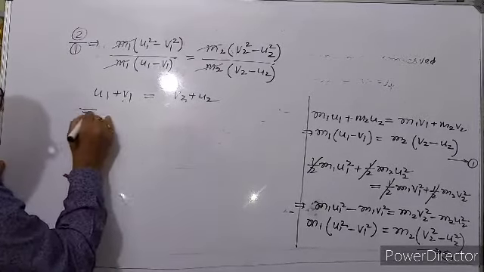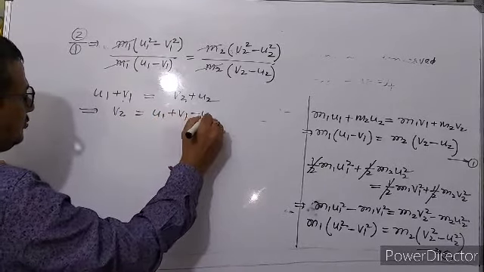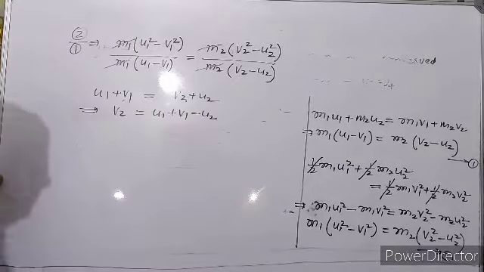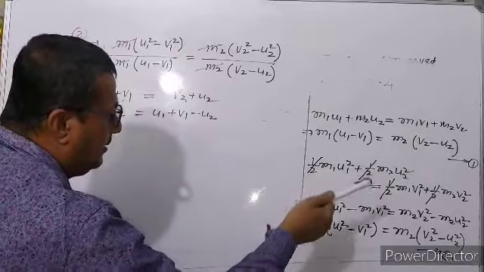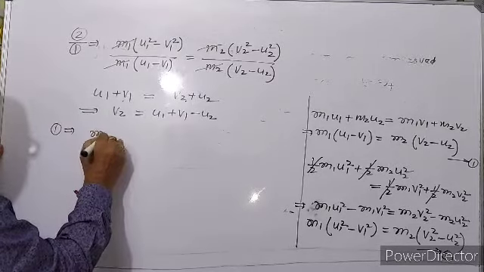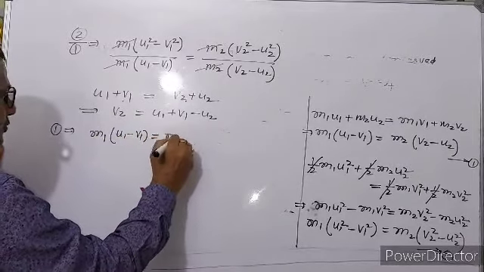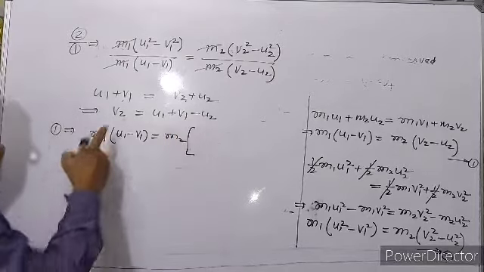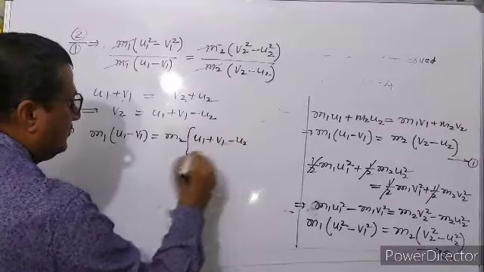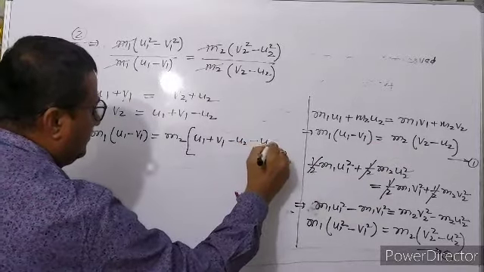Now we can put the value v2 is equal to u1 plus v1 minus u2. Putting this value in any equation, here from equation 1 we get m1 times u1 minus v1 is equal to m2 times v2, with u1 plus v1 minus u2 in place of v2, minus u2.